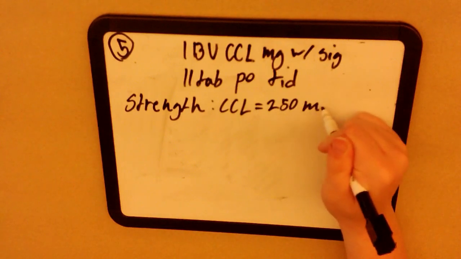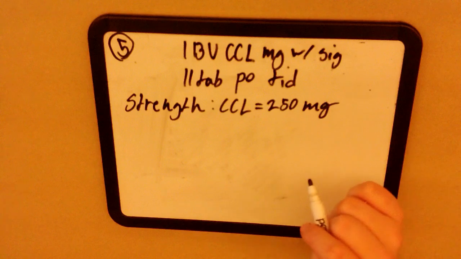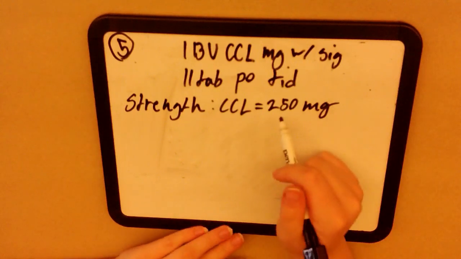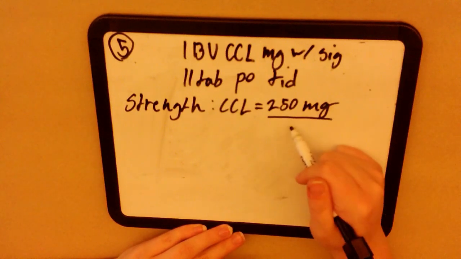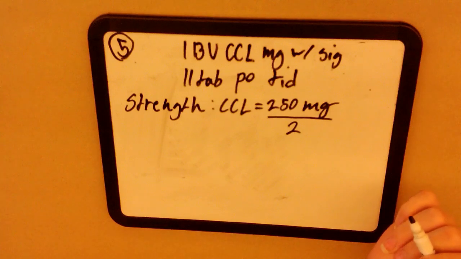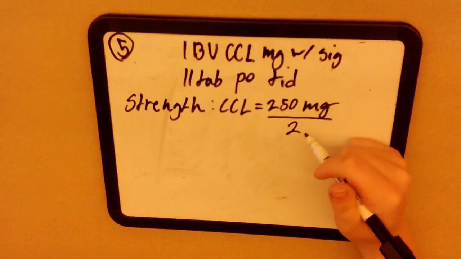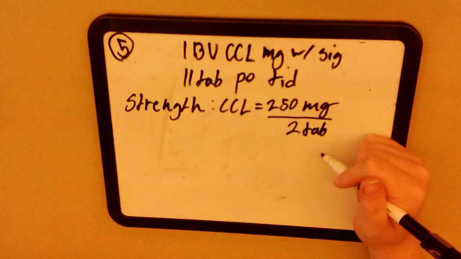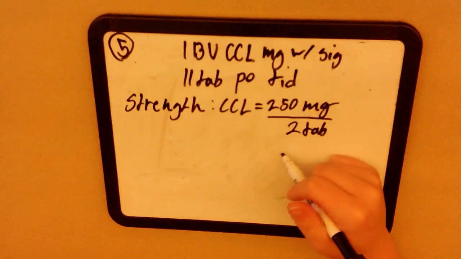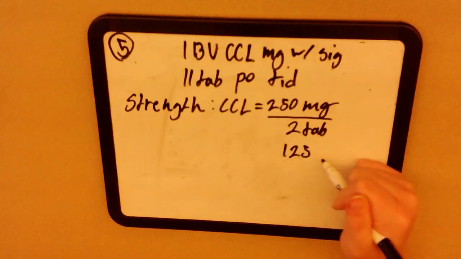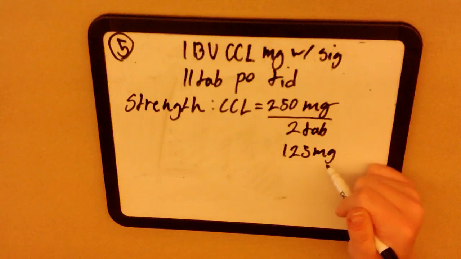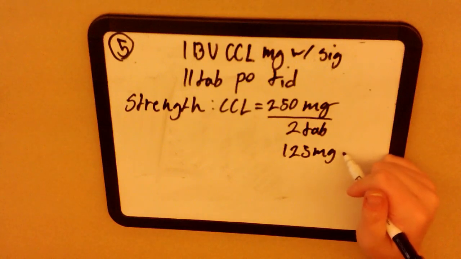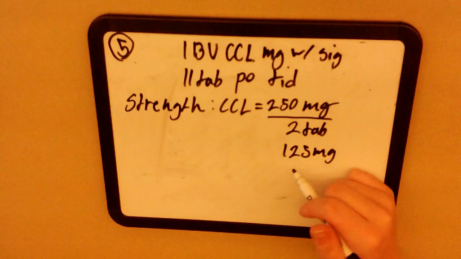And then I do end up dividing that by 2 to get the milligrams per tablet. And so the milligrams per tablet is going to be 125 milligrams over 1 tablet, which is just going to be equal to 125 milligrams.